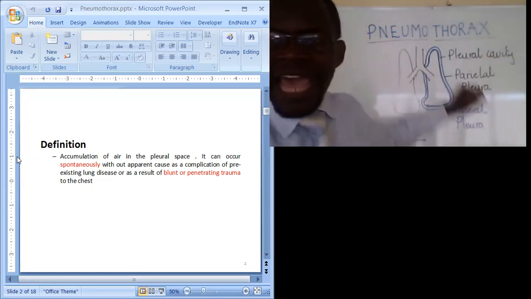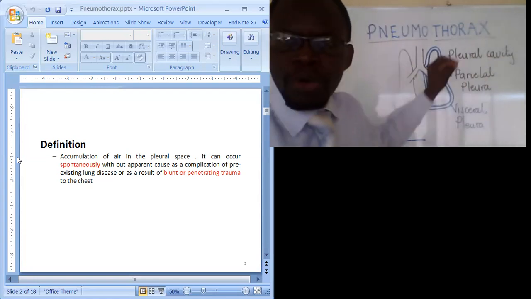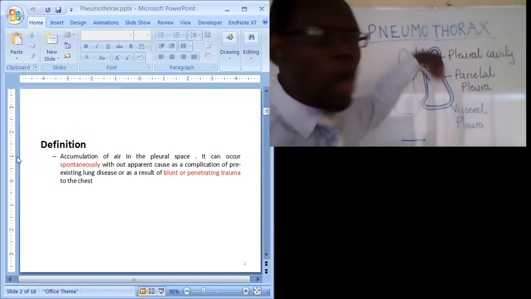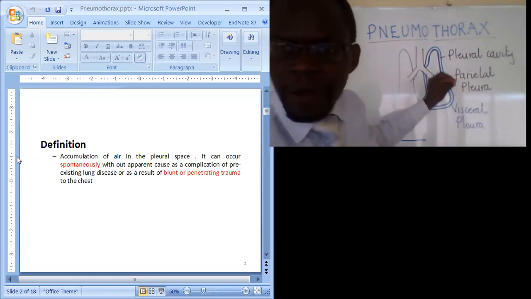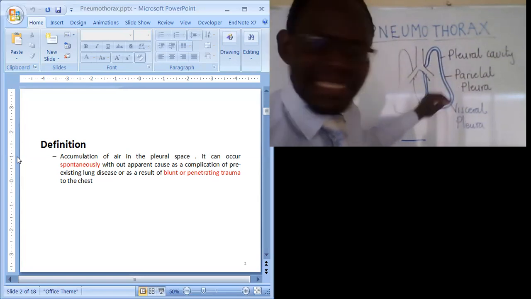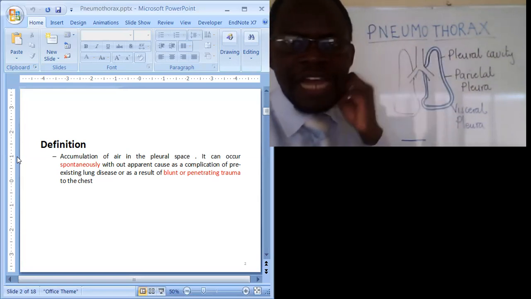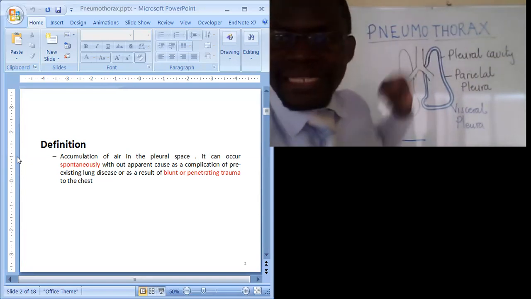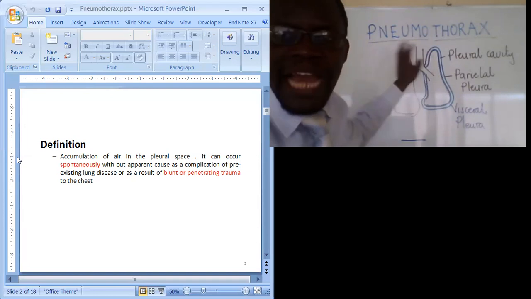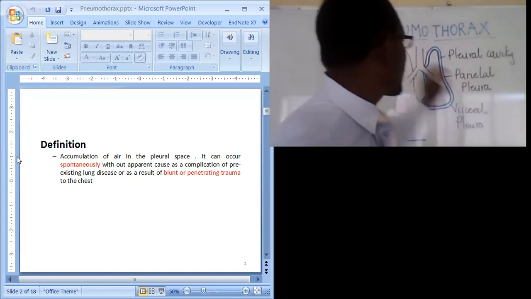If air accumulates in that space, we refer to it as pneumothorax. Now, if blood accumulates in that space, we refer to it as hemothorax.